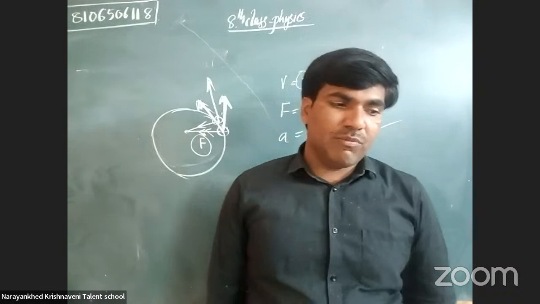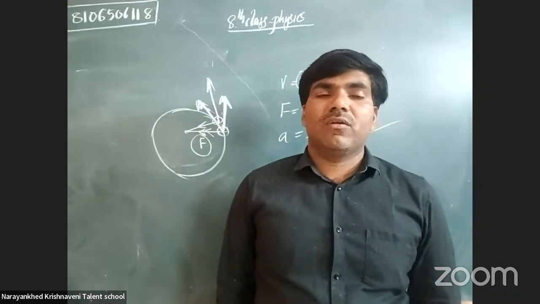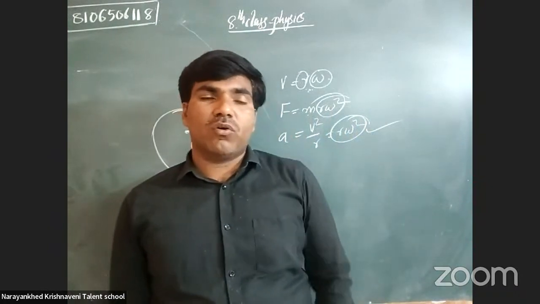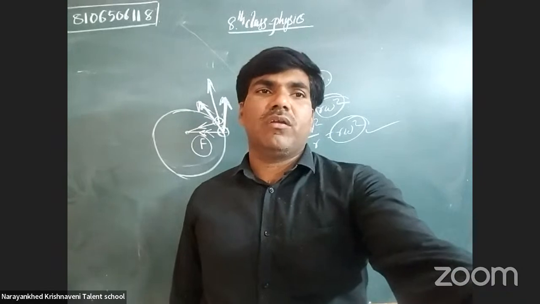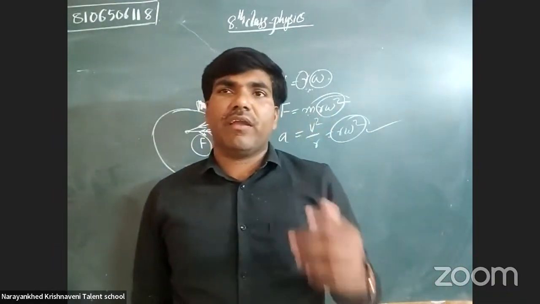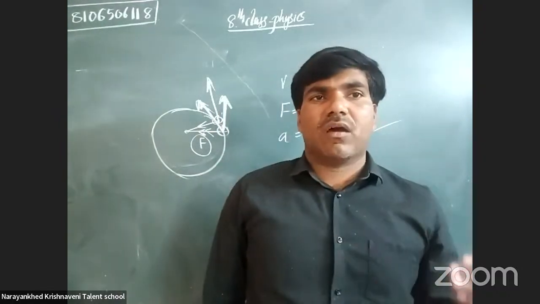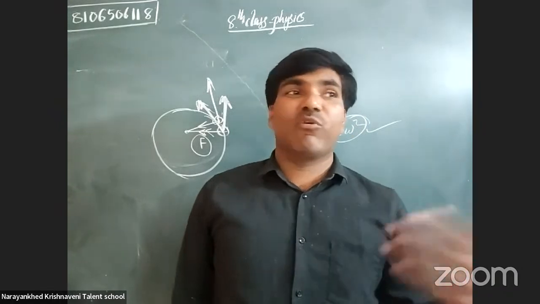Coming to chemistry, we discussed atomic structure, a very important component. What is the atom, how many fundamental components are there in an atom: electron, proton, neutron. I already gave the mnemonic PEN is equal to RTC.